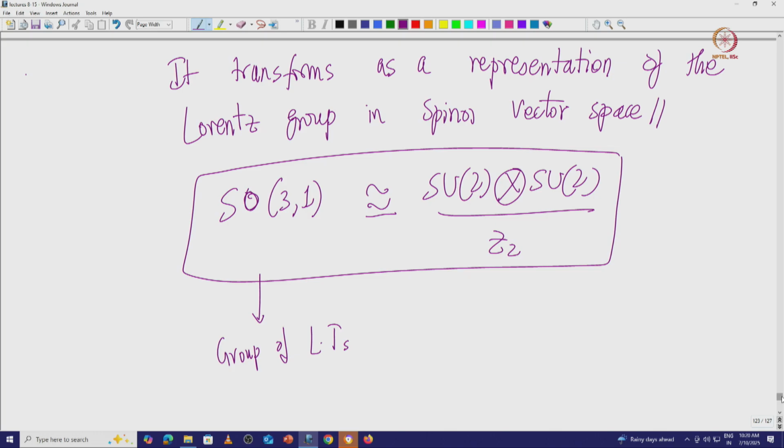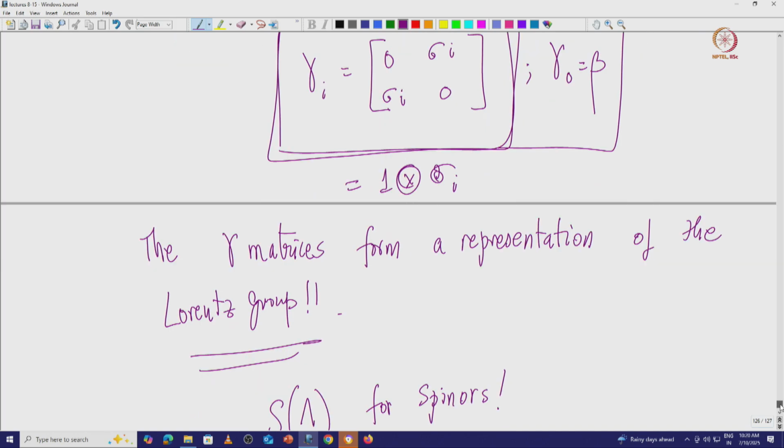They will appear slightly differently in a representation of gamma matrices, and gamma matrices form a representation of the Lorentz group because there is a representation of boost and rotations in a completely different vector space, which is the spinor vector space, in terms of the sigma matrices or the gamma matrices.